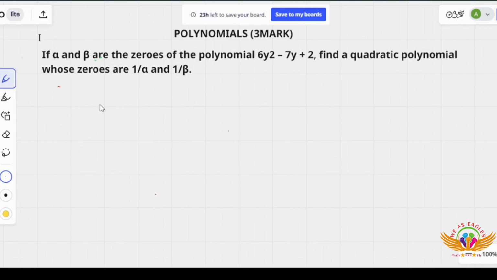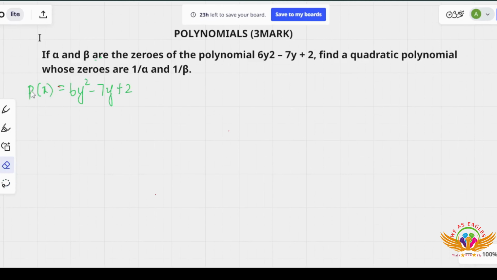So here we have another 3 marks question, very important kind of question. Okay, so they have given alpha and beta are the zeros of the polynomial p of x is equals to 6y square minus 7y plus 2. See, am I right? No, I'm wrong, because here the variable is y, not x.